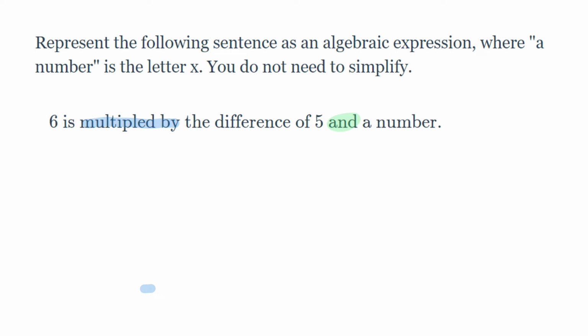So 6 is being multiplied by, there's our parentheses, the difference of 5. Difference is subtraction. So the difference of 5 and a number, which we've already established is the number X. So our expression would be 6 parentheses 5 minus X.